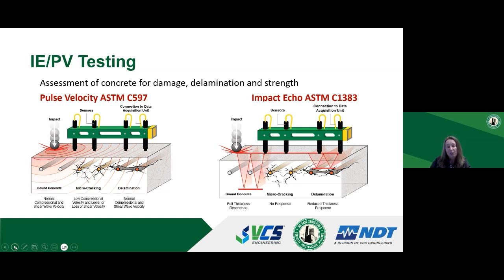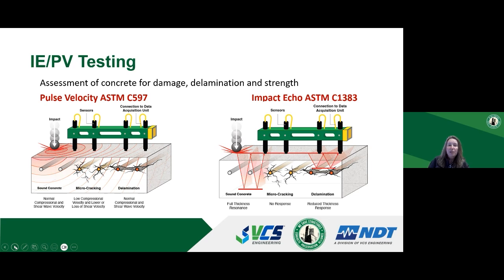And when we have a delamination, we're going to have a significant reduction in velocity, as well as a significant impact on the shape of the waveform. So the pulse velocity data, in addition to identifying areas of cracking and delaminations, can be used to estimate the in-place compressive strength of the concrete, because velocity of the wave is related to the Poisson's ratio and elastic modulus.